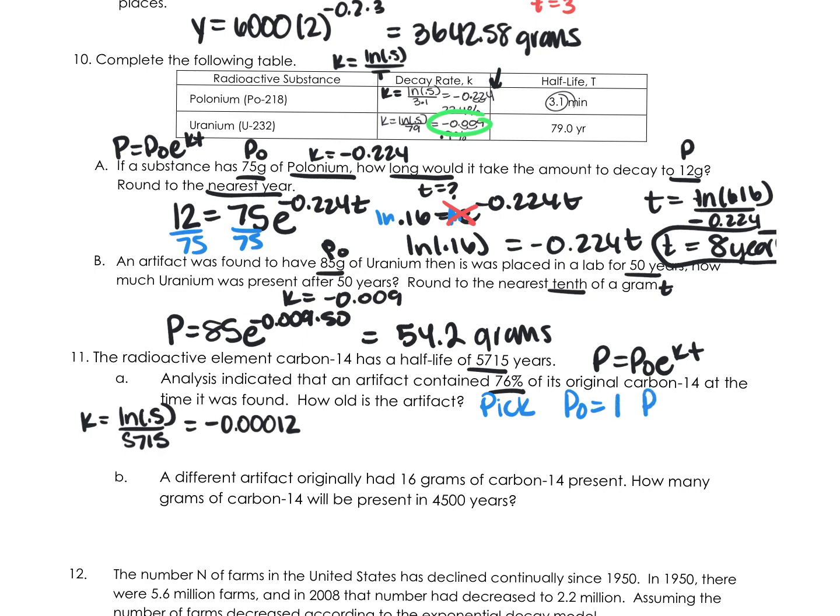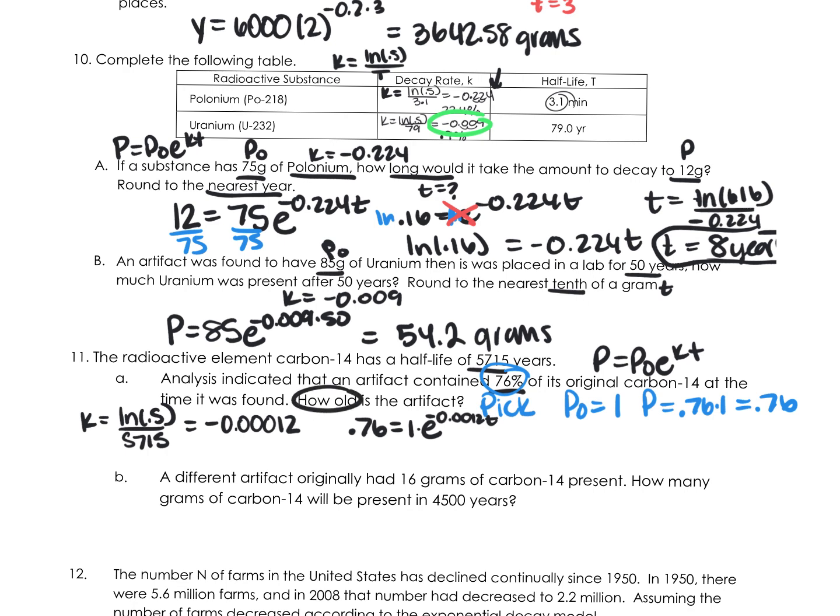And so then P will be 76% of that. So 0.76 times 1, which is 0.76. So then we'll plug that into our equation. So we'll have 0.76 is our ending amount, 1 is our starting amount, and then we'll have negative 0.0012 t, and we'll solve for t because we're looking at how old it is.